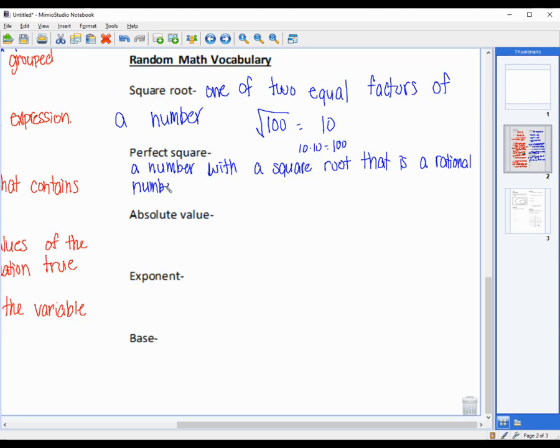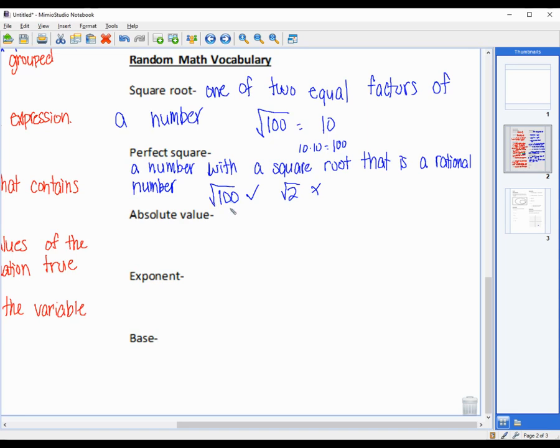I know some of you guys probably already knew this, but square root of 100 would be an example of a perfect square because 10 is rational. Now, let's say if we did the square root of 2, okay? What's the square root of 2? Well, it's going to be some never-ending decimal, which would not be a perfect square, okay? So square root of 100 is a perfect square. Square root of 2 is not.